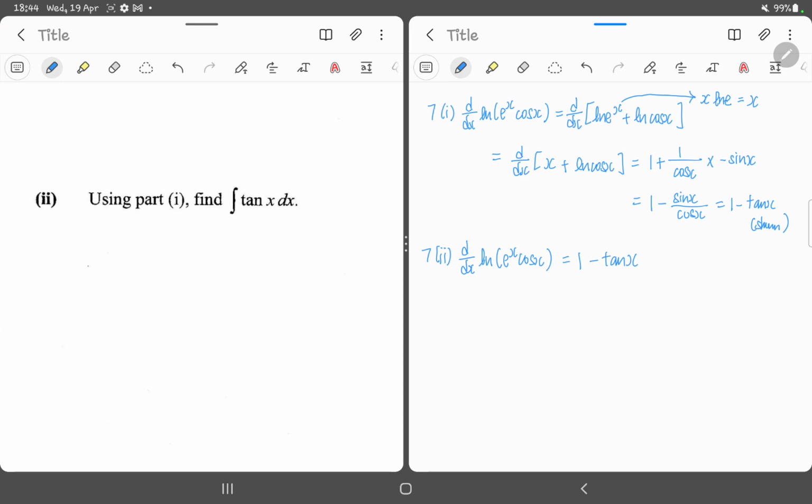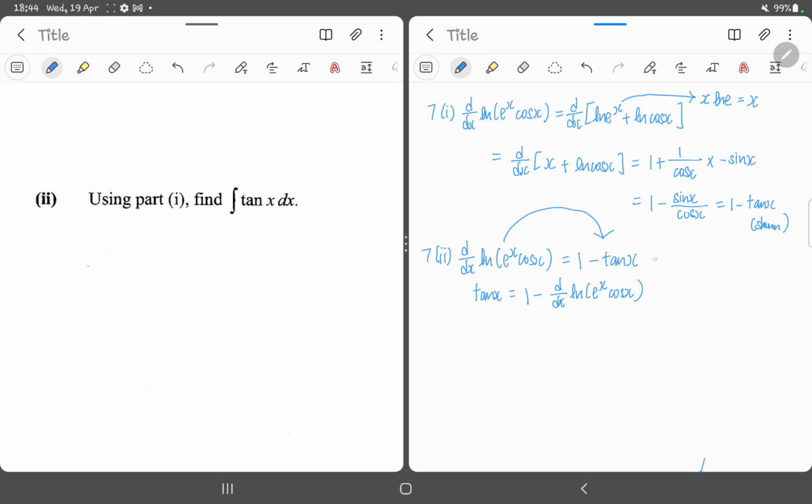So if we isolate tan x alone, let's bring tan x from the right hand side to the left hand side, and then bring this to the right hand side. So we get tan x equals 1 minus d/dx of ln(e^x cos x).